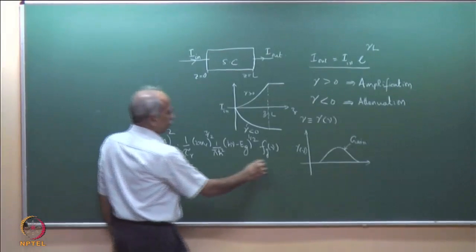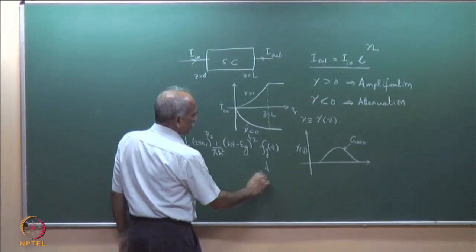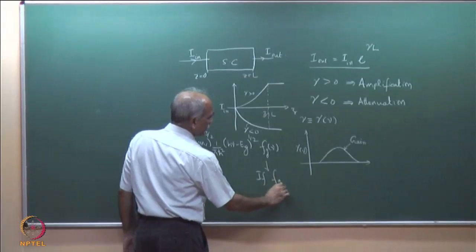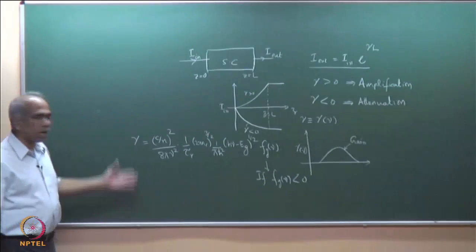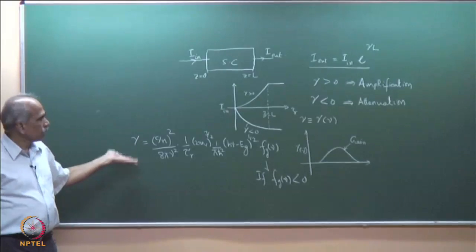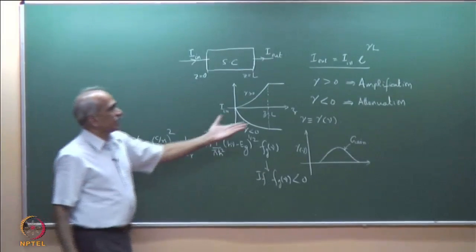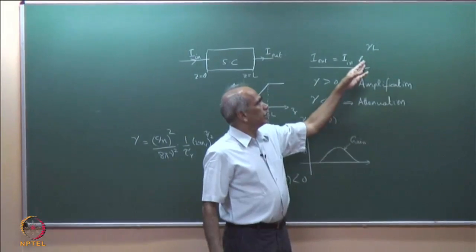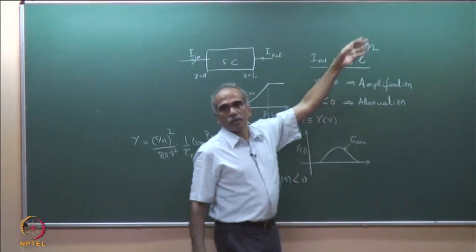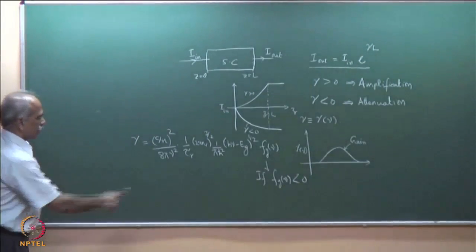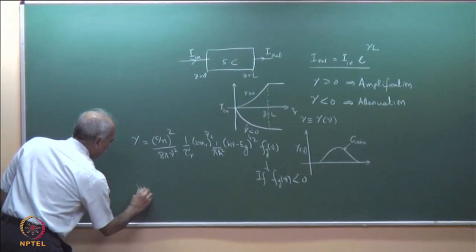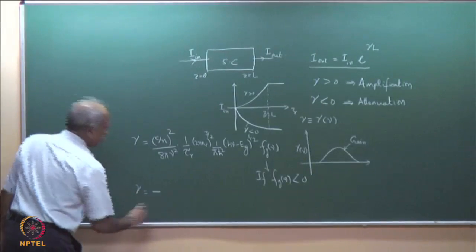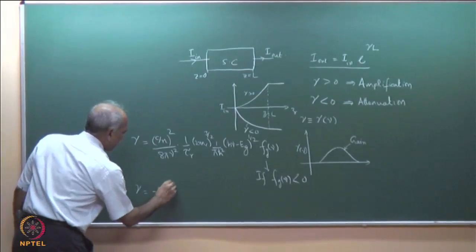If f_g of nu is less than 0, gamma is negative. Gamma negative means we have an expression where it is e to the minus gamma L. So, if f_g of nu equal to minus 1, then gamma is equal to minus the absorption coefficient.